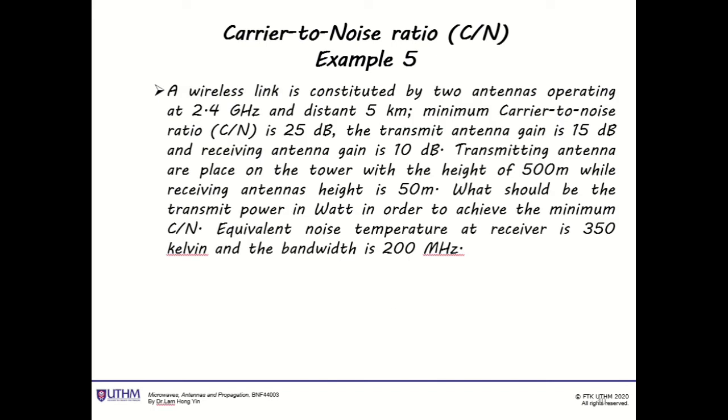Let's look at example number 5. A wireless link is constituted by 2 antennas operating at 2.4 GHz and distant 5 km. Minimum carrier to noise ratio is 25 dB. The transmit antenna gain is 15 dB, receiving antenna gain is 10 dB, and the transmit antenna is placed at a tower height of 500 meters and the receiving antenna height at 50 meters.